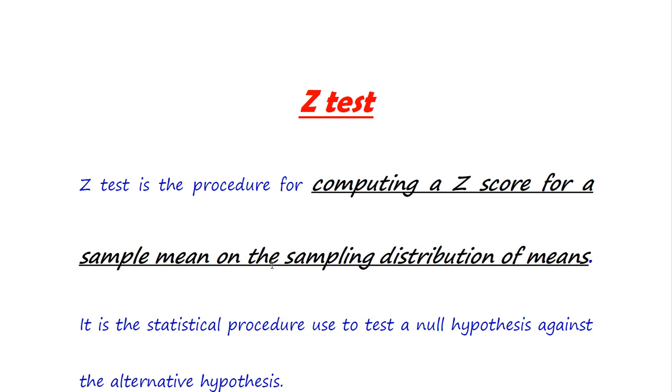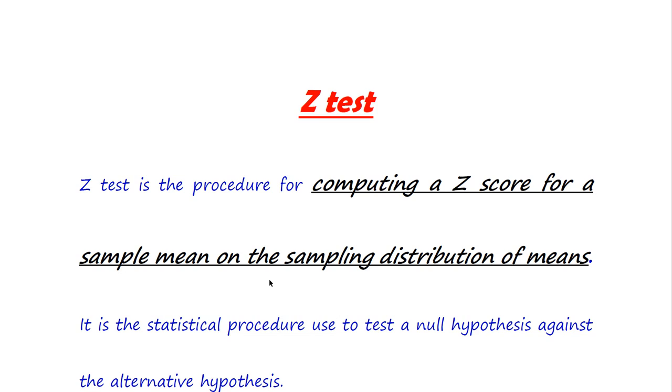So let's start. A z-test is a procedure which computes a z-score for a sample mean on the sampling distribution of the mean.